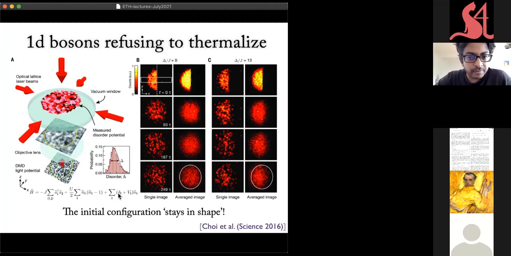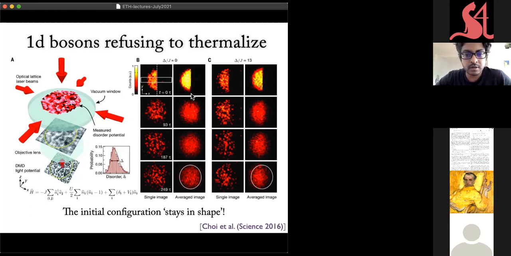If you have this delta to be 0, so you do not have disorder in the system, you can make a configuration in which, you do this experiment with rubidium atoms, these rubidium atoms lie in a half circle on the left. And the disorder is 0. As you let it time evolve, it spreads out and it becomes a circular thing.